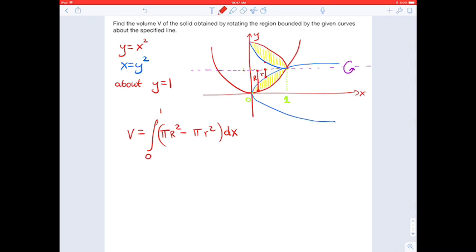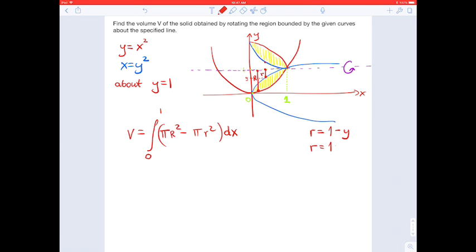And now let's see the inner radius. It's the vertical distance between these two dots. The top one is the value 1, and the other one is simply the y value. That means the difference is 1 minus y.